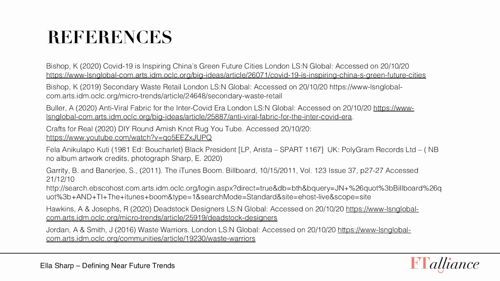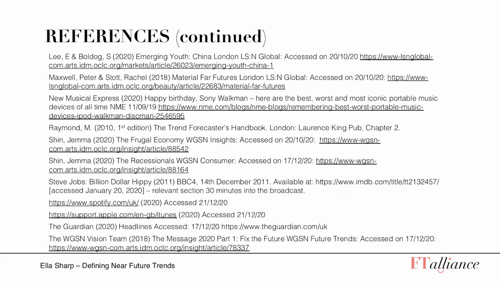You can see here I've looked at information from the NME to the Billboard. I've looked at WGSN. I've looked at TV programmes on BBC. I've looked at the newspapers such as The Guardian.